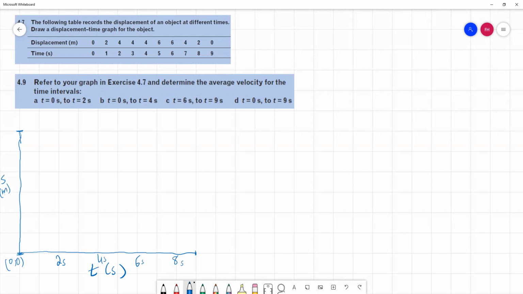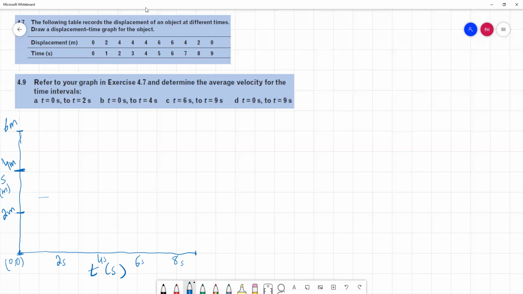In meters, this is 2 meters, this is 4 meters, 4 meters, and 6 meters. So the first point is 0, 0. This is here. This is the first point.